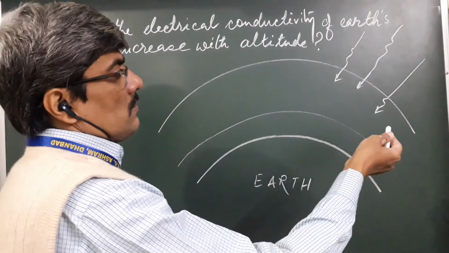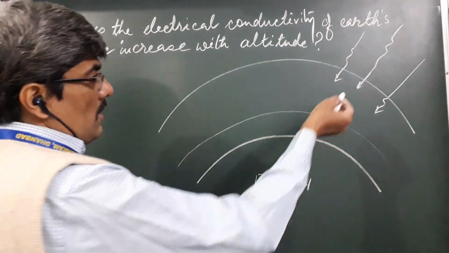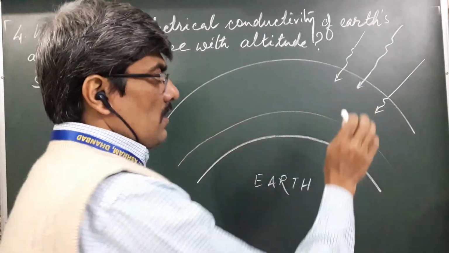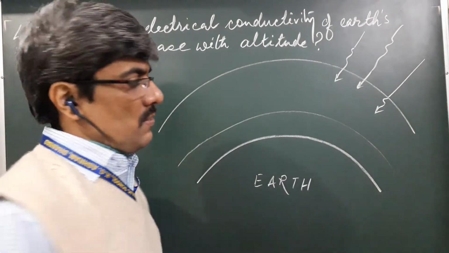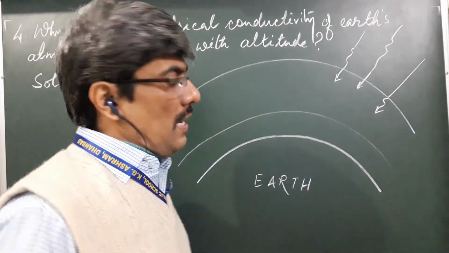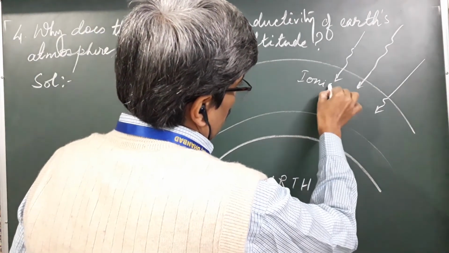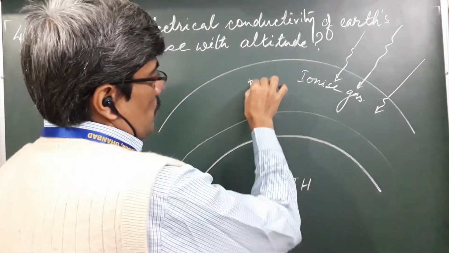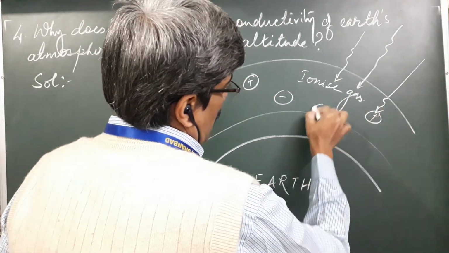These could be cosmic rays, gamma rays. So these rays, when they interact with a relatively less dense atmosphere or gases, or the atoms and molecules, what they do is they ionize the gas, and as a result you have the presence of ions here.